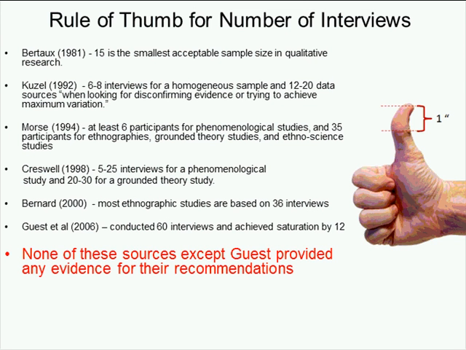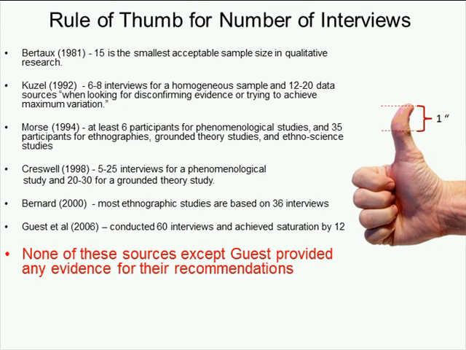There are some rules of thumb that range anywhere from 5 to 60 interviews required for saturation. None of these sources that has this pretty wide range of saturation, except the guest source, the last one, provided any evidence for their recommendations.